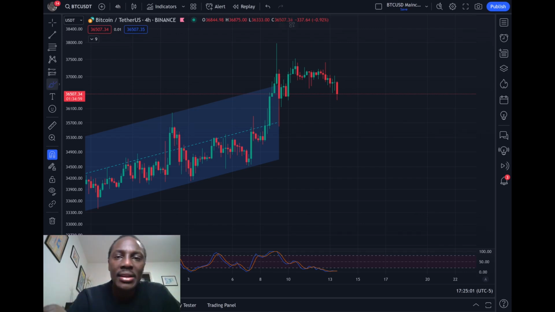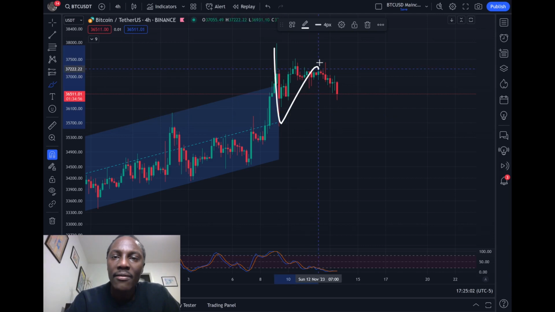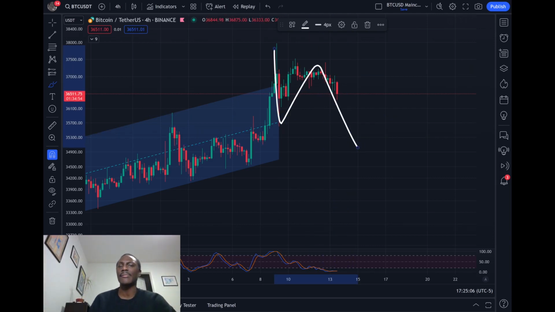I think we're putting in an initial break of structure. This is our A wave, A, B, C, and it looks something like this. If this happens in the coming hours, we can further have confidence in our theory of Bitcoin initiating a larger move to the downside.